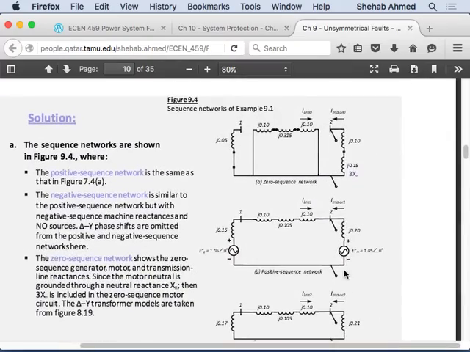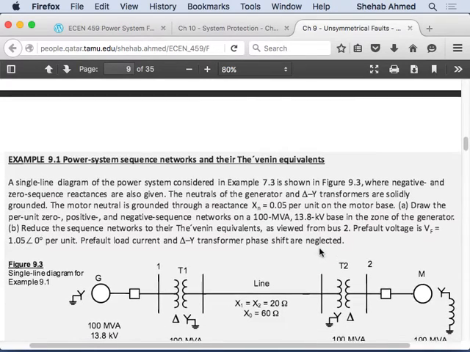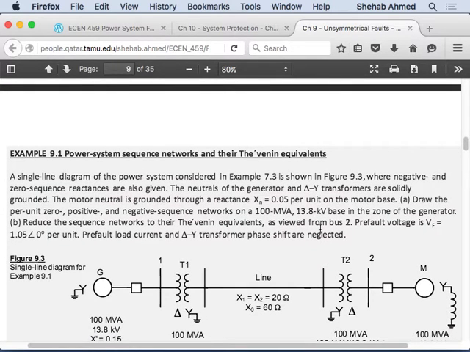The positive sequence representation, I guess they did say that the motor has sufficient... You reduce the sequence network to the Thevenin equivalent as viewed from bus 2. Pre-fault voltage is given. I will be more clear, because here they don't say that there is the pre-fault voltage on the motor.